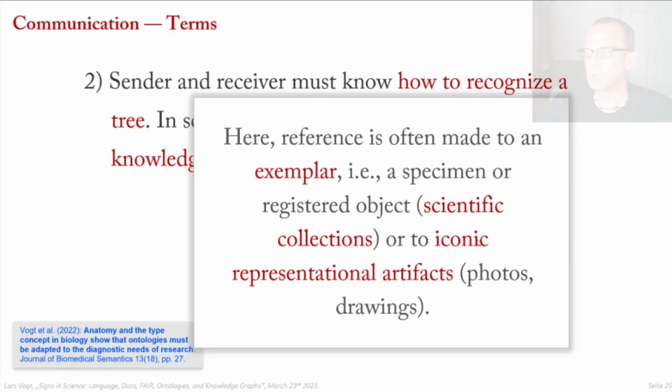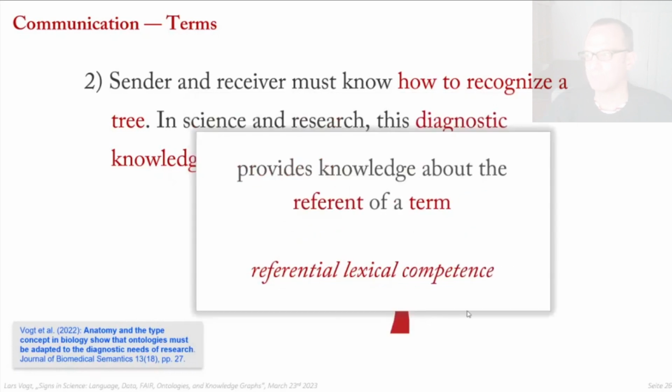And then I can point to that exemplar whenever someone asks, how does that look? Or I could use other iconic representational artifacts like photos and drawings. And it provides knowledge about the referent of a term, and that's why it's also called referential lexical competence.